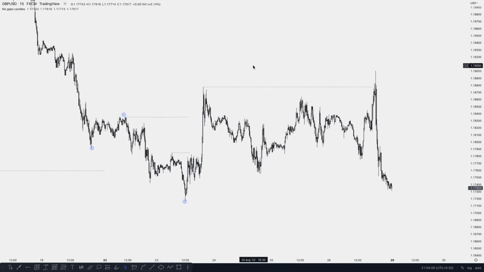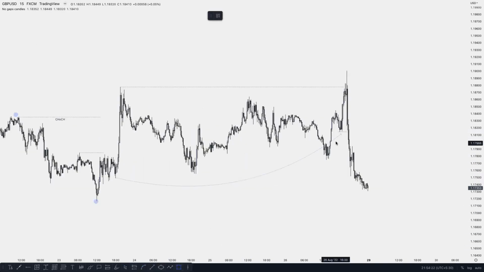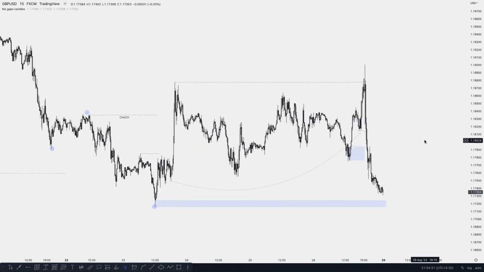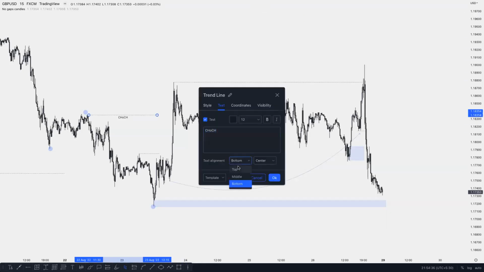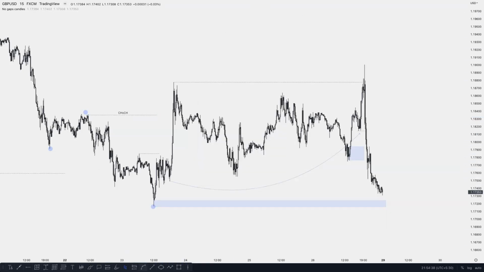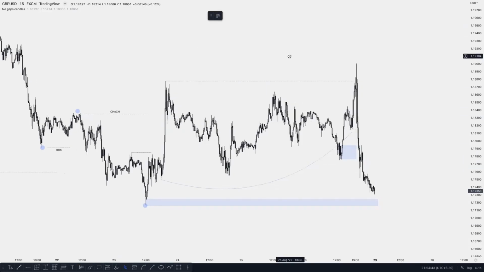After the change of character, what happened here? This inducement transfers from here to here. This is our inducement, and after taking out the inducement we can buy here on this POI, and the next time buy here. So these two POIs are for the buy, because here the market turned bearish to bullish, with a break of structure.